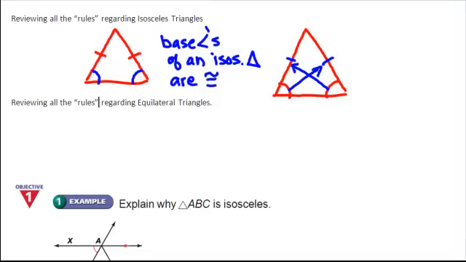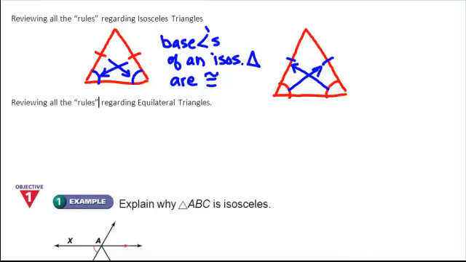These two almost seem the same. The difference is if you're given the two sides, then these two angles are equal. If you're given the two angles are equal, then the two sides are equal. So base angles of an isosceles triangle are congruent, and if the base angles of a triangle are congruent, then it's isosceles, which is the converse of the theorem.